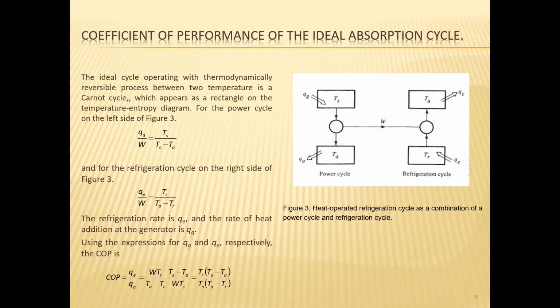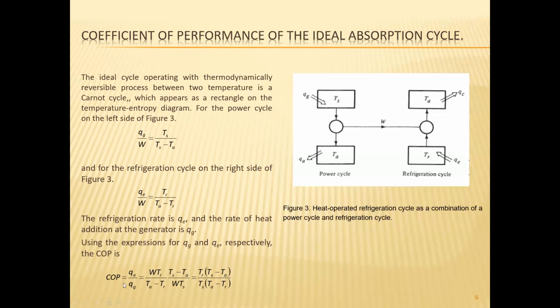For the power cycle on the left side of figure 3, QG over W is equal to TS over TS minus TA. And for the refrigeration cycle on the right side of figure 3, QA over W is equal to TR over TA minus TR. The refrigeration rate is QA and the rate of heat addition at the generator is QG. Use the expression for QG and QA respectively.